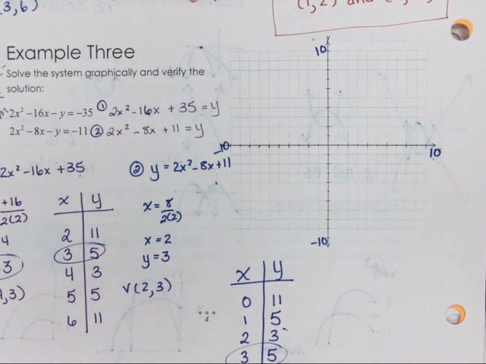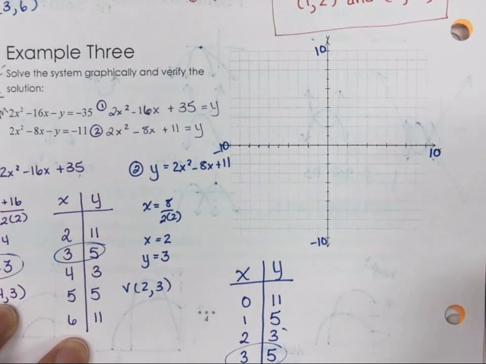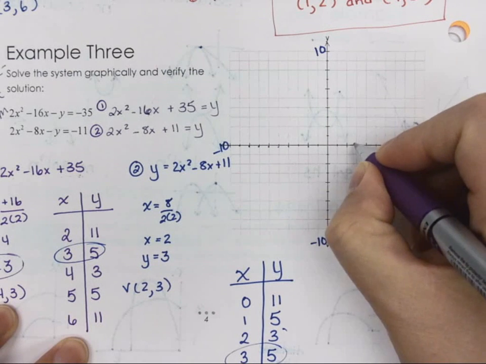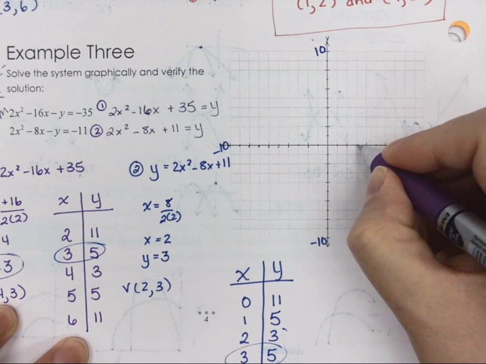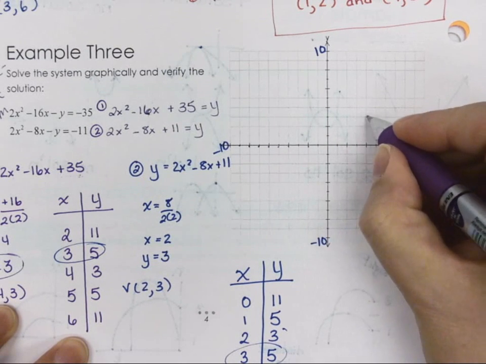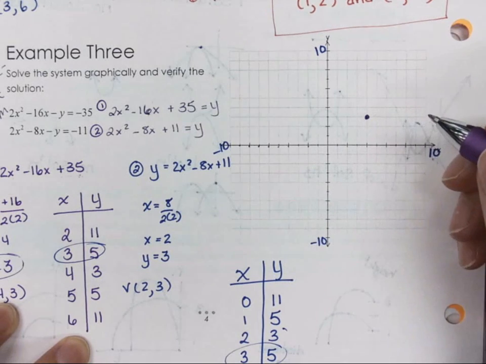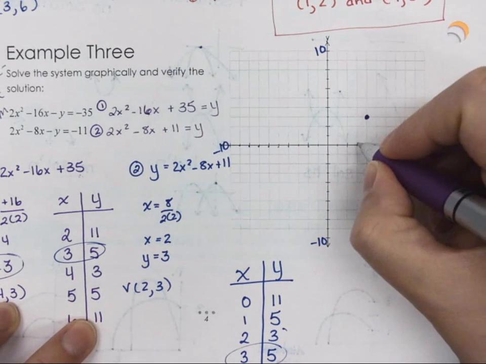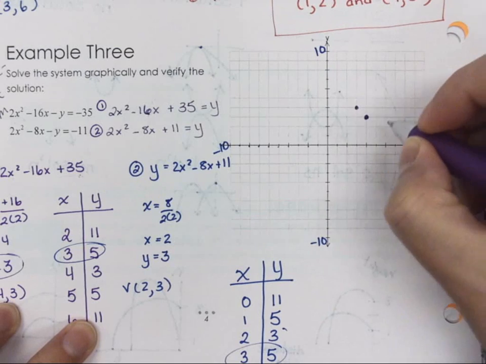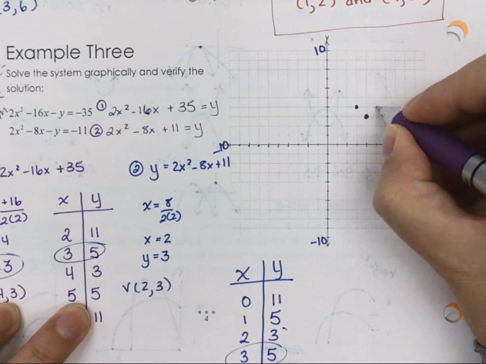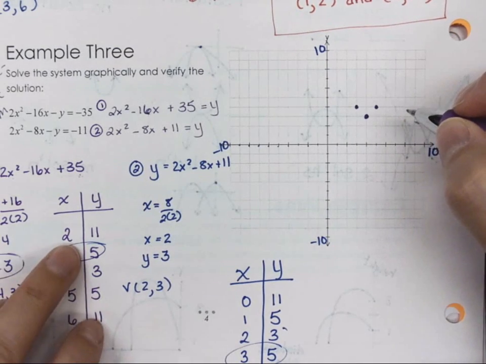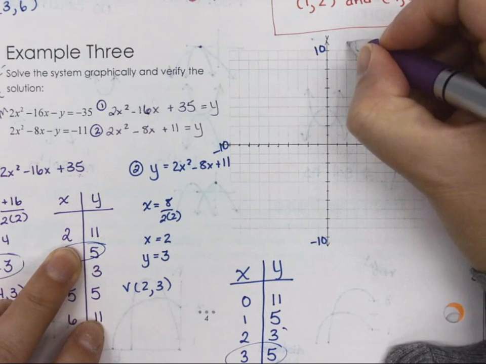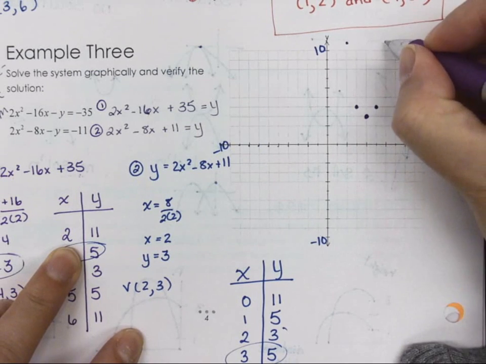All right, purple. I'm going to graph my purple graph first. So I've got 4, so 1, 2, 3, 4. Up 3, 1, 2, 3. There's my vertex. And now I'm going to plot my points. So I'm at 3 and 5, and 5 and 5. And then I'm at 2 and 11, so I'm just off the graph here a little bit.